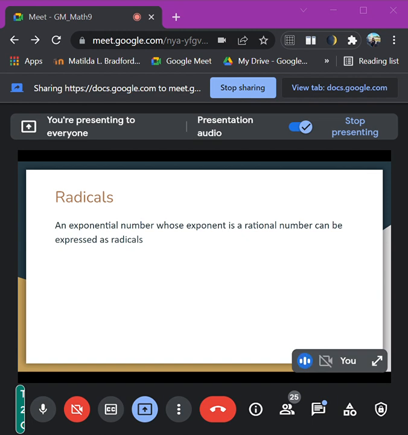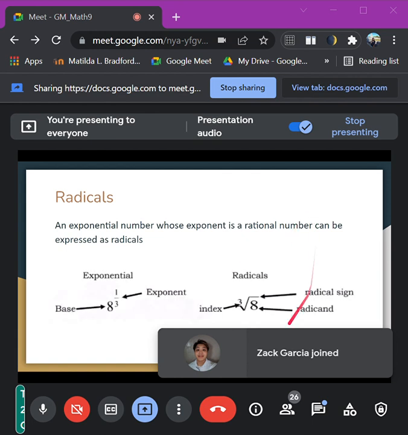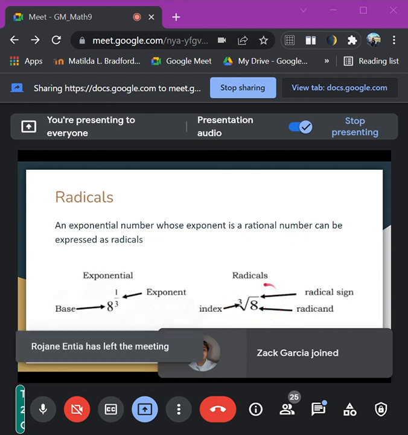So katong mga exponential expression last time, katong mga zero exponents, integral exponents, positive or negative exponents, those can be expressed as radicals. So radicals class, this is in the form of like this.